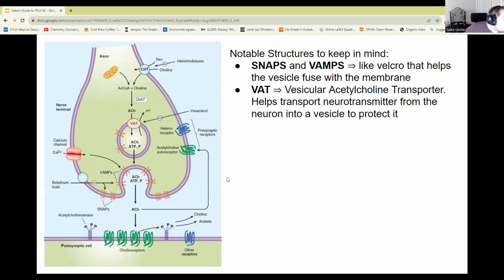This is kind of intro stuff from the first class. Just as a reminder too about anatomy, what is very, very important to know is the SNAPs and VAMPs. SNAPs are proteins that exist on the membrane of the neuron, whereas VAMPs exist on the vesicle.